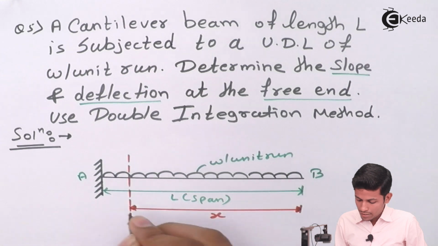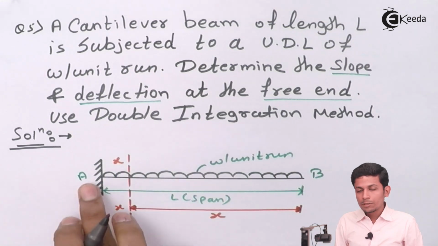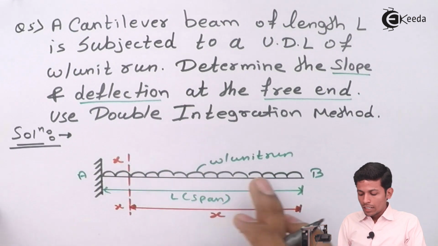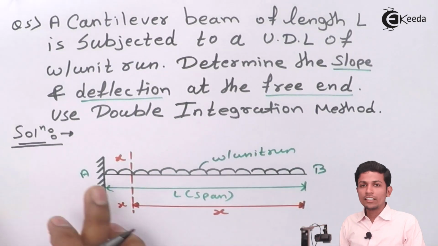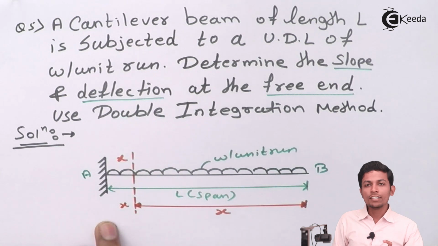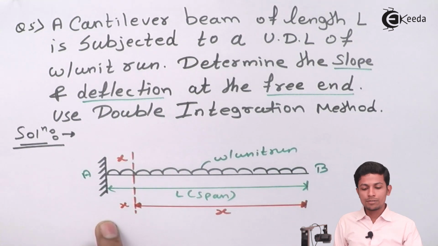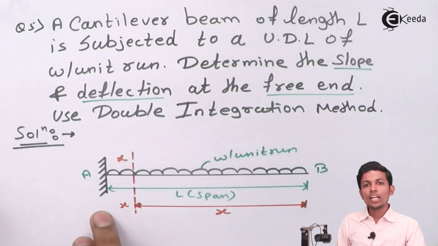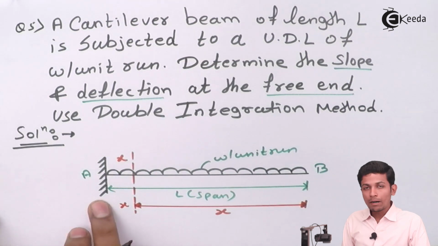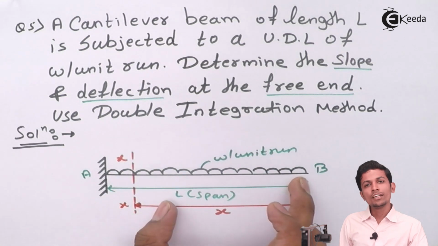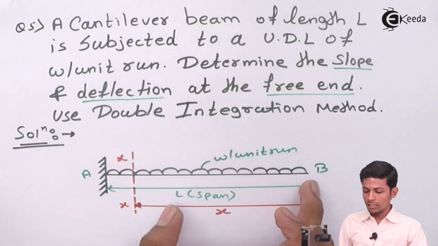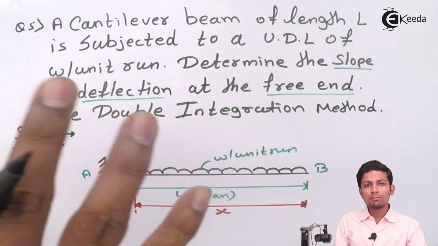This is x. Ignore this part, because if you take the section and take this part, we have to find the reactions VA, VB and that moment. So always neglect the fixed part in cantilever beam problems. No need to calculate the reaction; directly solve by using the double integration method. This is the theory part. After that we will explain one sum also.